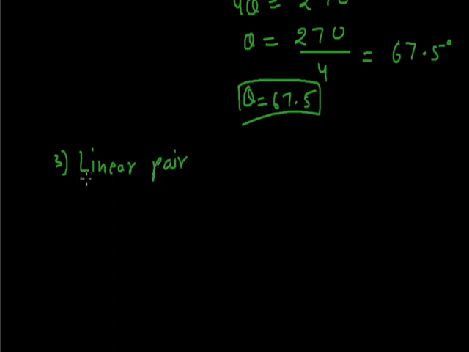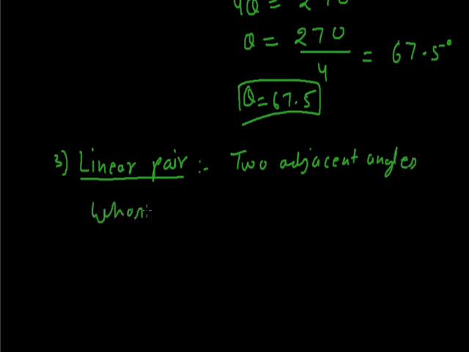Linear pair means two adjacent angles whose sum is 180 degrees. उन एंगल्स को हम लीनियर पेयर बोलेंगे. जिन एडजेसेंट एंगल का सम अगर 180 डिग्री है तो उन्हें हम लीनियर पेयर बोलेंगे.